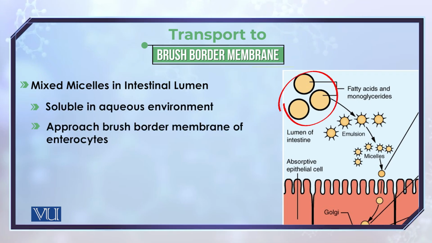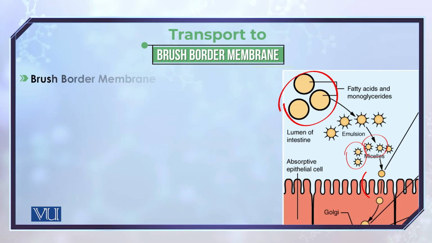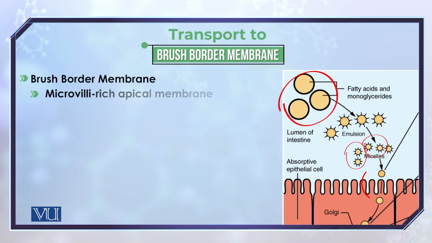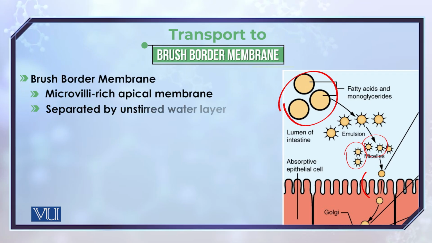So if we see again here, these are your lipid molecules. After the process of emulsification, they package themselves in the form of micelles, and they then can move through the walls of the enterocytes for the process of absorption. The border of the enterocytes, also known as the brush border membrane, contains many microvilli, which contribute towards the absorption of the molecules.